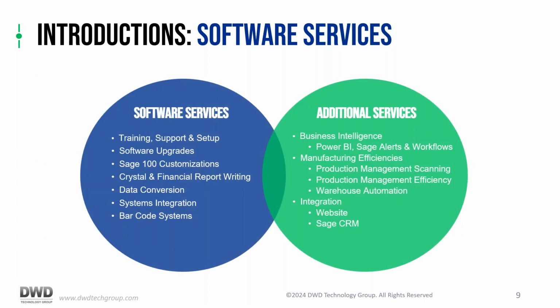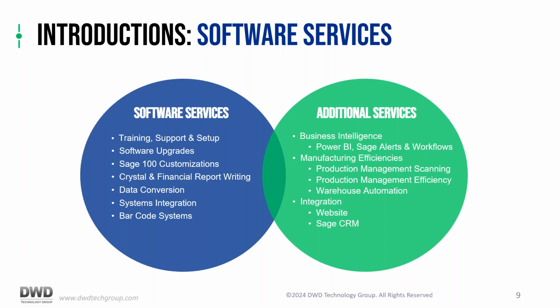What does DWD do overall, right? So software services, right? We do the full implementation of ERP, so training, support, setup, upgrades, customizations, as I've mentioned, be it integrations or changes to how Sage 100 flows or many different things like that.